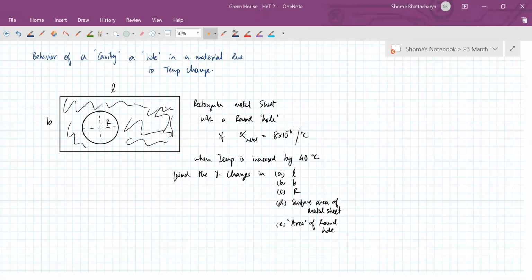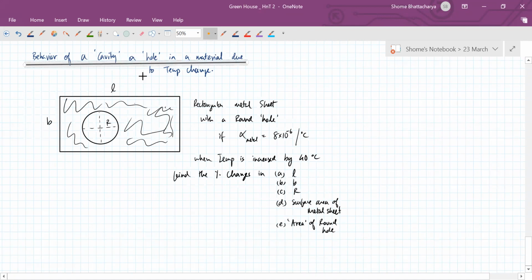Okay, so about any cavity or any hole in a material, what we have to understand is that the cavity or hole always increases in the same way like the material which has been removed.